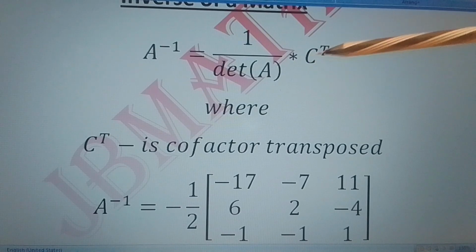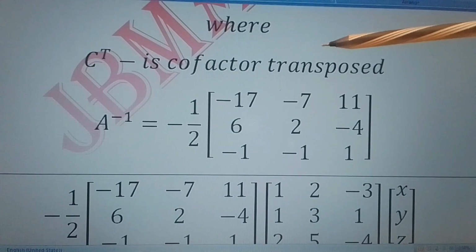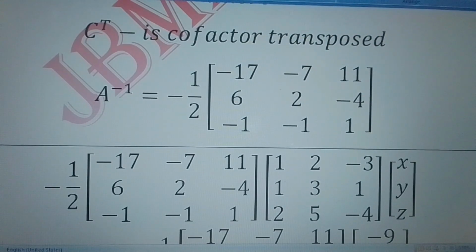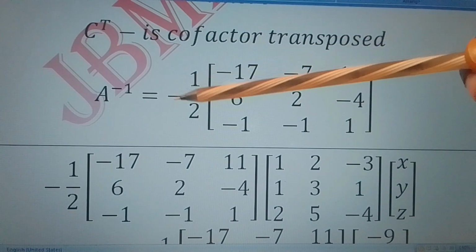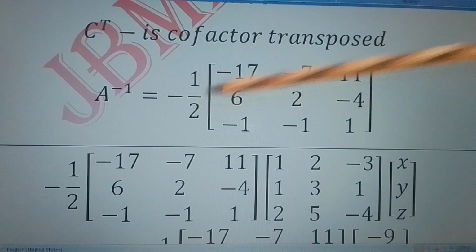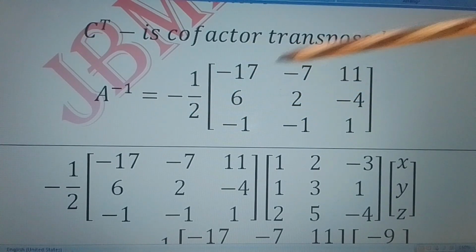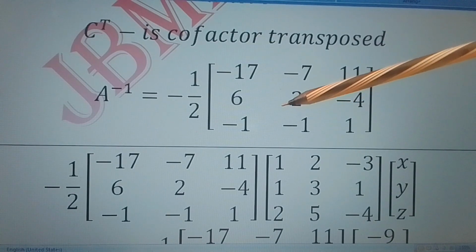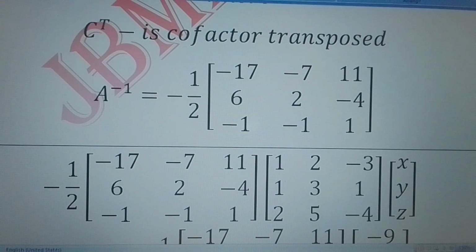So this is the cofactor transpose. The inverse of that matrix will be negative 1/2 times the cofactor transpose. Since we have got the cofactor transpose of the matrix, we have got the inverse of the matrix.